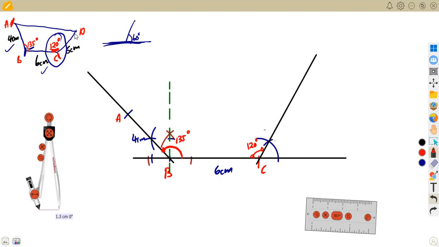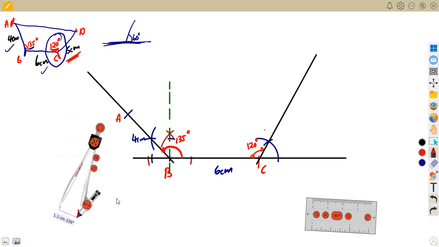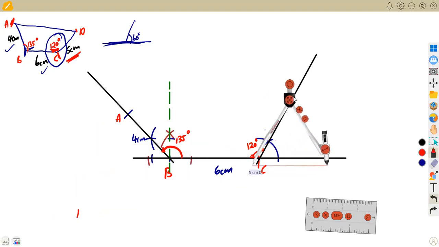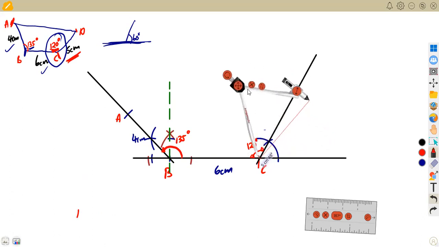So it's now easier to find point D, because we know that from C to D, it's 5 centimeters. You can simply measure 5 centimeters, because you know this is where point D is supposed to lie, along this line. So here I've got my 5 centimeters. With the 5 centimeters on your ruler, you now mark the arc along the line at the 120 degrees angle here.